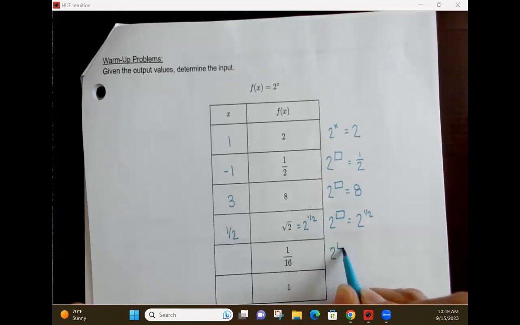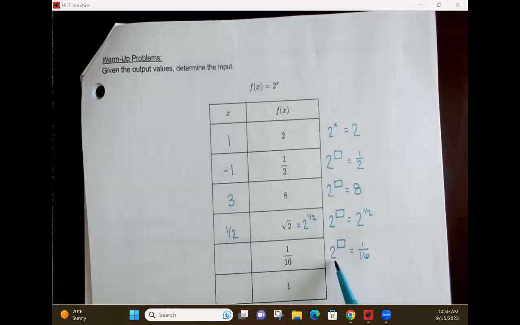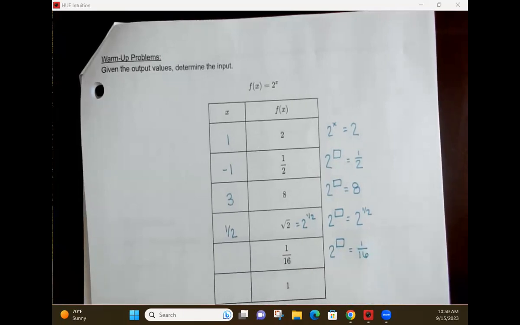And then 2 to the something gives me 1/16. What do we think on this one? This one's a little tricky. Started with 2, and I'm ending with 1 over something. That means I took a reciprocal.